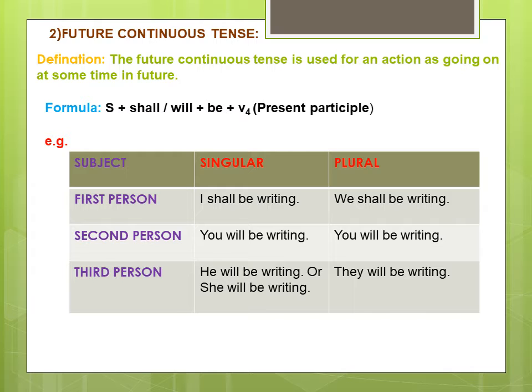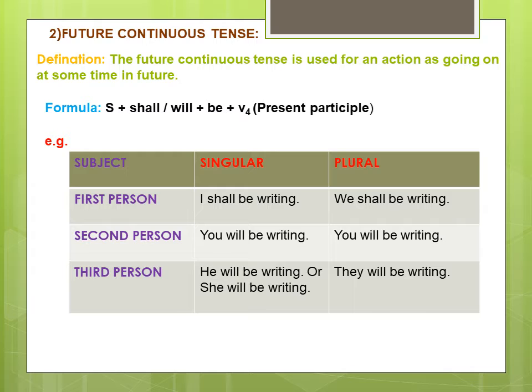Now we are going to study singular and plural sentences. I shall be writing. So here I is the subject, shall is the helping verb, and be is also important in it because it's future continuous tense. Writing is the present participle form of the verb.